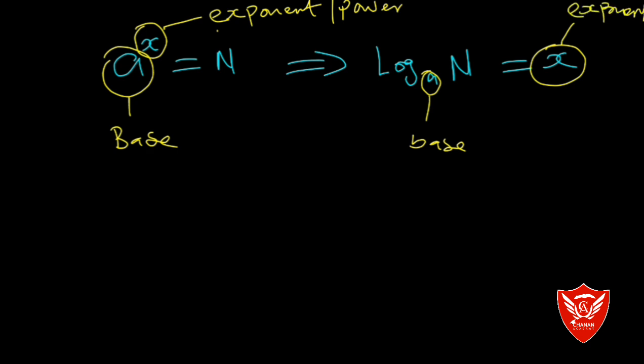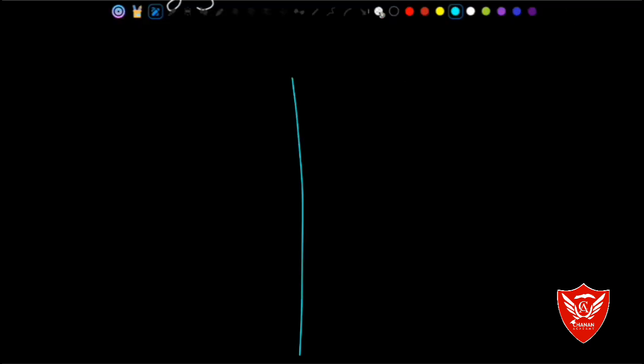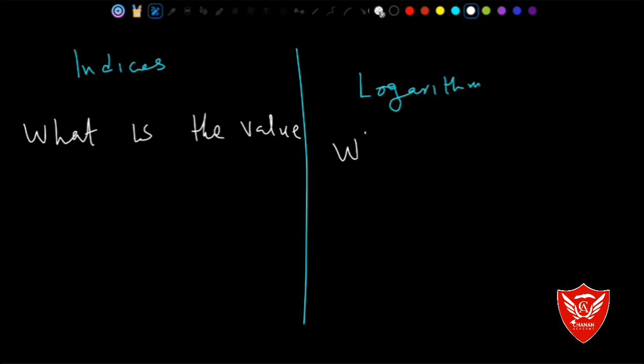Okay? Now, this is the value. And this also is the value. Alright? The idea is that indices ask what is the value. And then logarithm asks what is the exponent, which is the same thing as power.